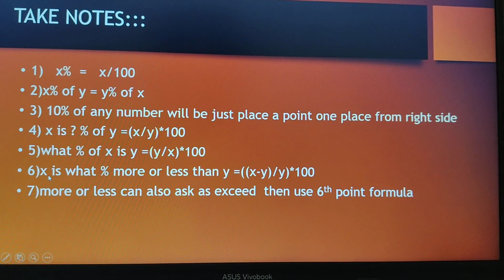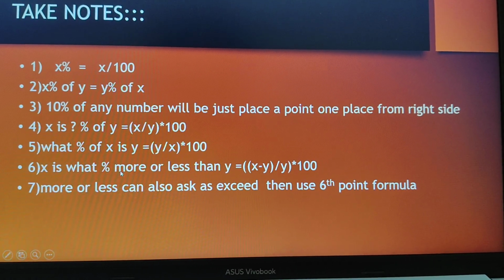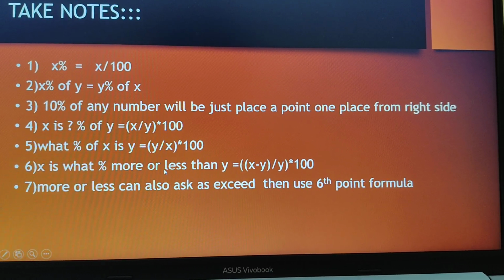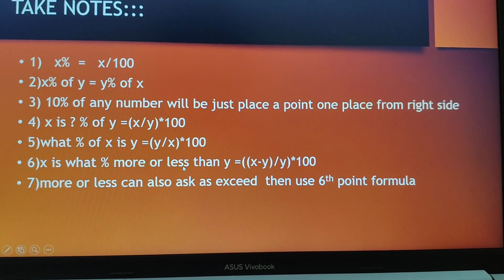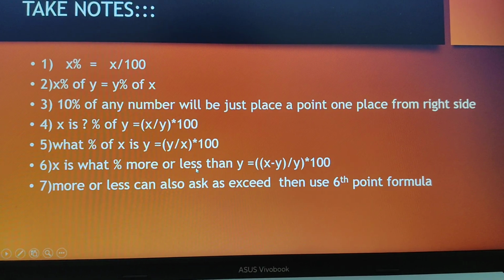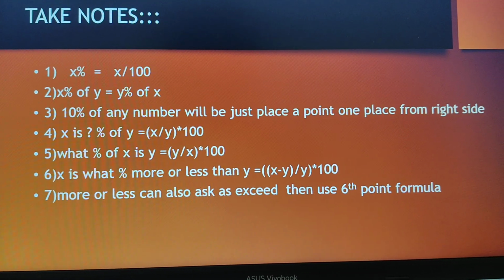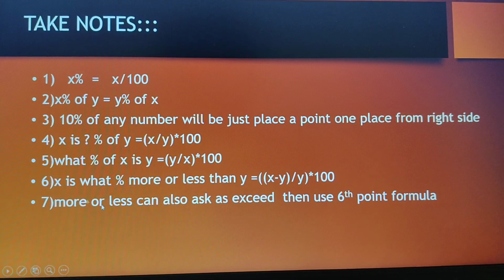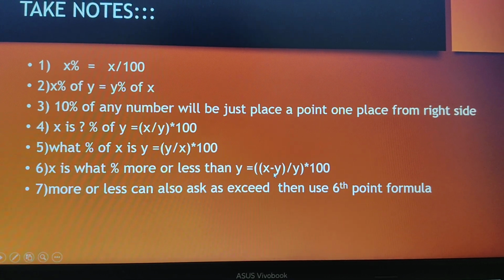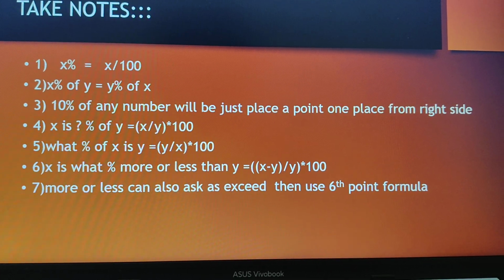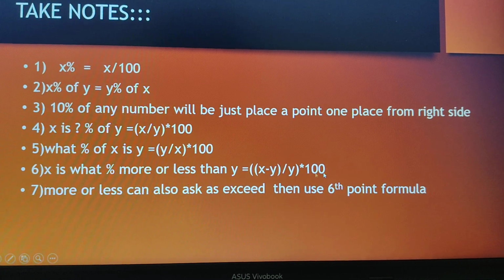Sixth point, x is what percent more or less than y? More or less, if they are asking how much excess, it can be the seventh point, and the sixth and seventh points are the same. They could use the term exceed also instead of more or less. So here the formula will be x minus y, that is the gap between x and y, divided by y into 100 percentage.